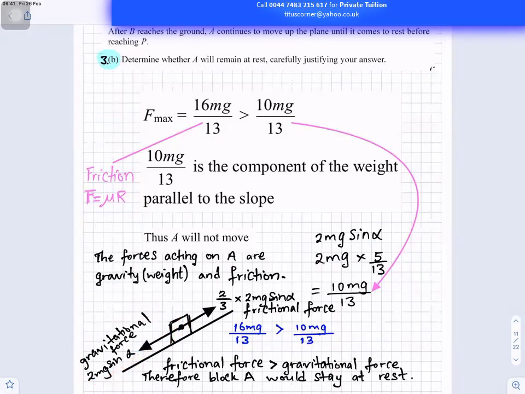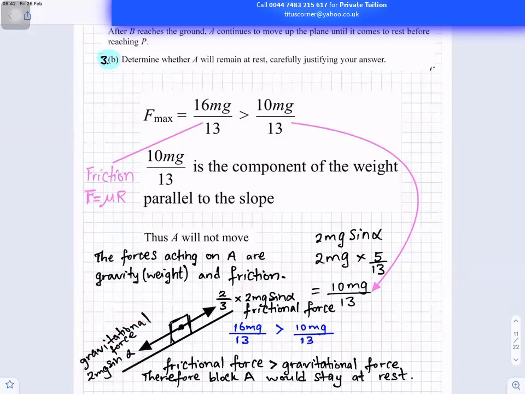What is pulling it up? It is the frictional force, 2 over 3 times 2mg sine alpha, because the weight is trying to pull it to slide down. Friction is stopping it from sliding down, so friction is now acting upwards. Now we want to compare downward force and upward force.